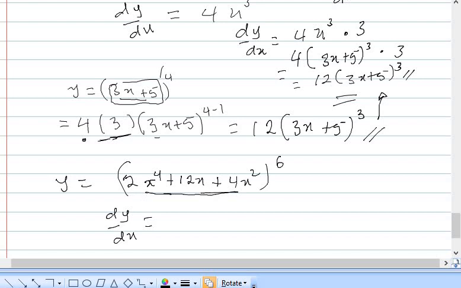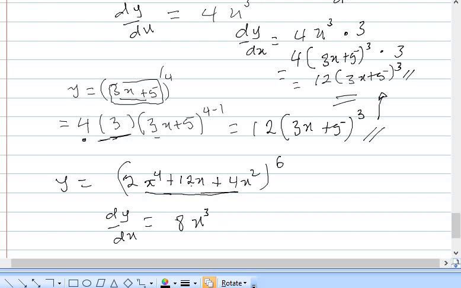The differential of the first term is 4 times 2, that's 4 multiplied by the coefficient, which is 8, and then x power 3.